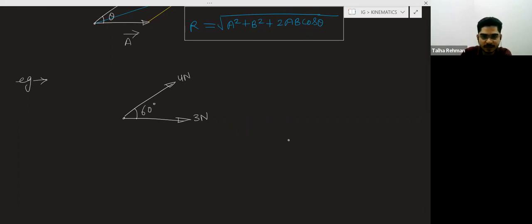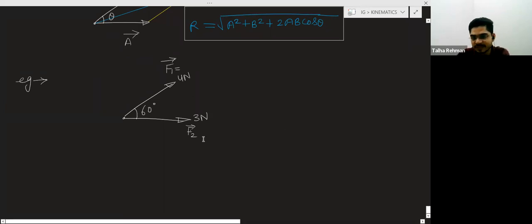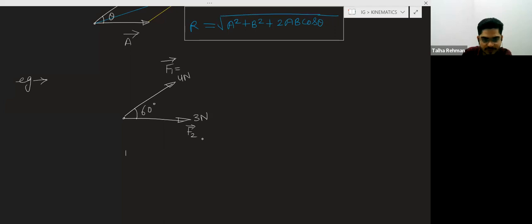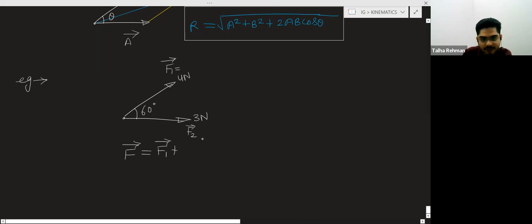Suppose this is your F1 vector, this is your F2 vector, and the resultant force of F1 plus F2 is F. So basically F vector is given by F1 vector plus F2 vector. What is the meaning of this?